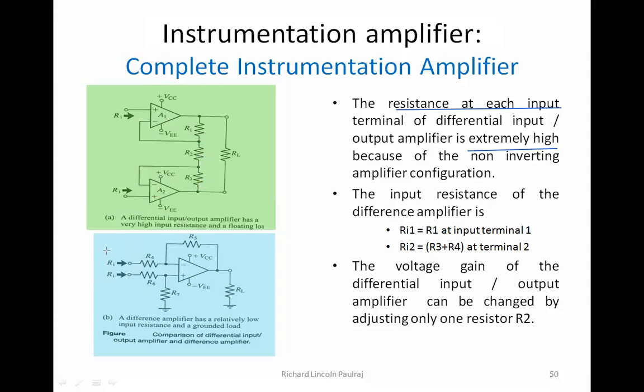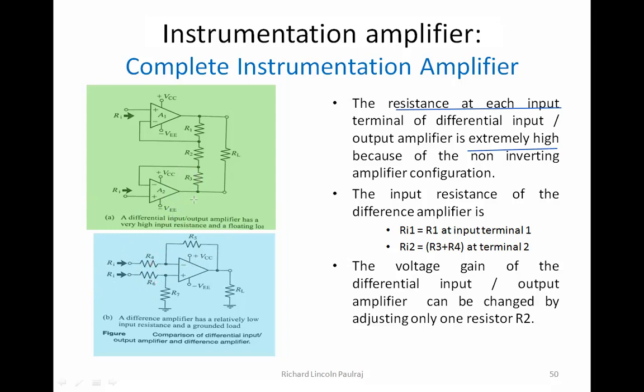So when I look at this difference amplifier, Ri1 is going to be R1 at terminal 1, and Ri2 is with the help of R3 and R4 at terminal 2.